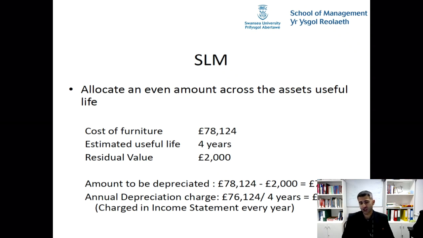So the annual depreciation is 19,031. Can you see, guys, here? 19,031 pounds. What does that mean? This means the value of the furniture will drop every year by 19,031 pounds. How can you record depreciation and furniture in the financial statements? So have a look.